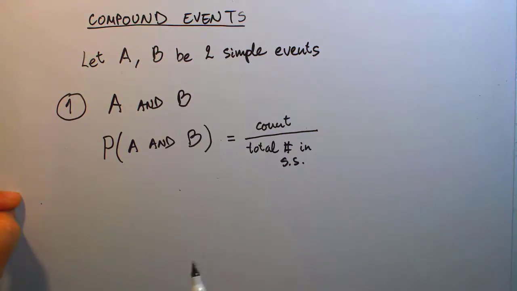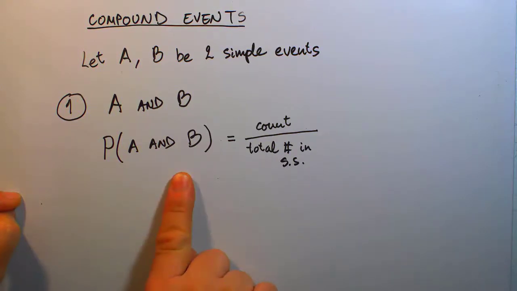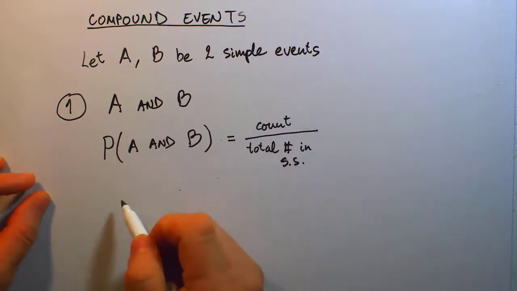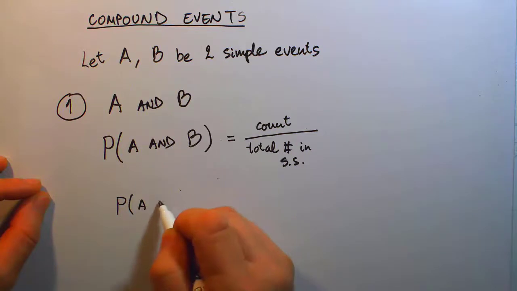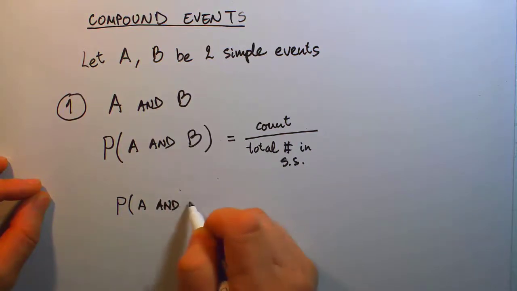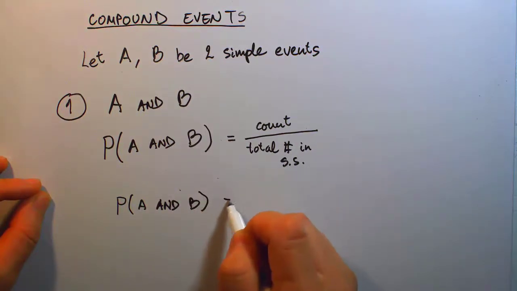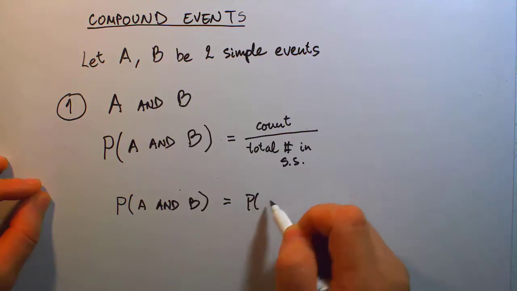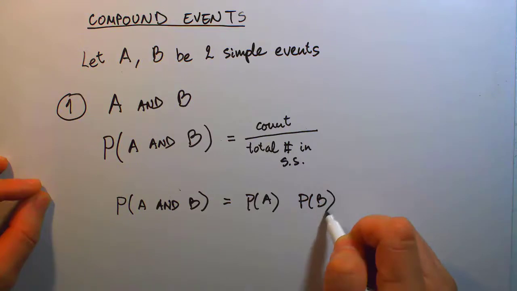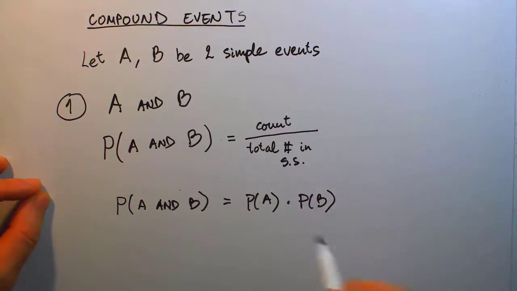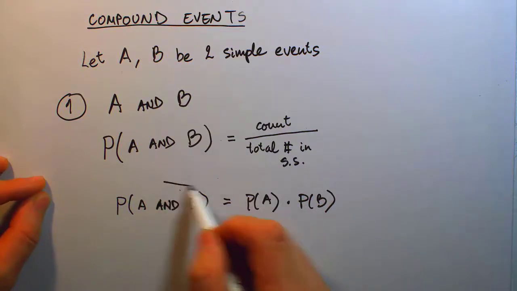Another piece of advice here before we move on too far is that you might have heard somewhere outside of this class in statistics that probability of A and B can be found by finding an individual probability for A and another separate individual probability for B and multiplying these two. Now, I'm telling you, this is not correct right here.